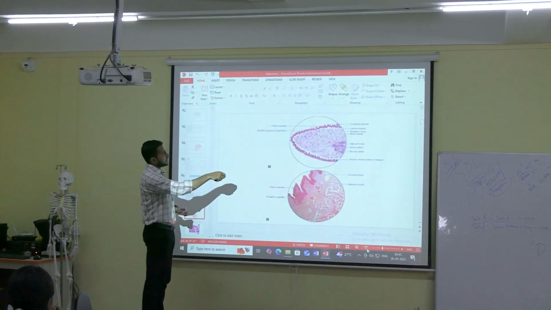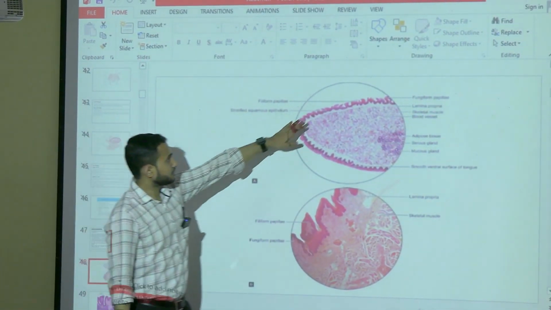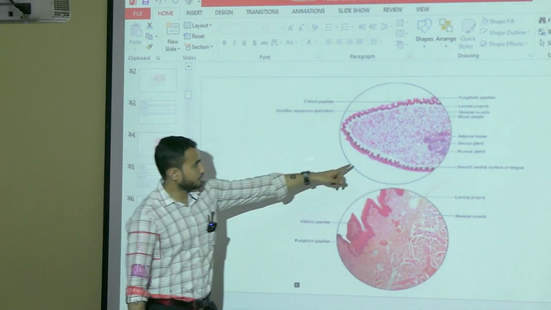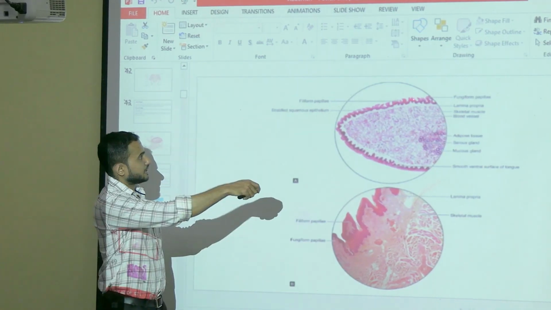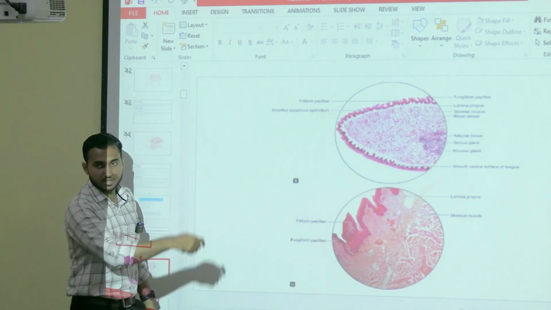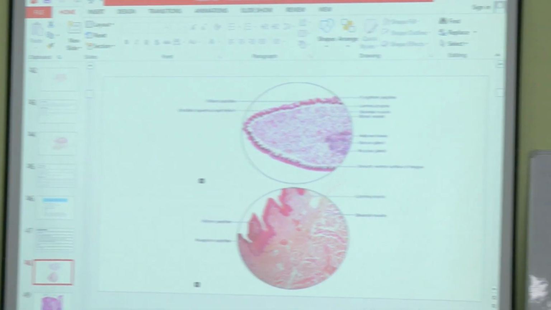Now what is the difference between this surface and this surface? This is the dorsum and this is the inferior surface. What is the difference? Here papillae are not seen, but here papillae are seen. That means this dorsum of the tongue is rough in nature and the inferior surface is smooth in nature. That's why papillae can be seen only on this particular area.